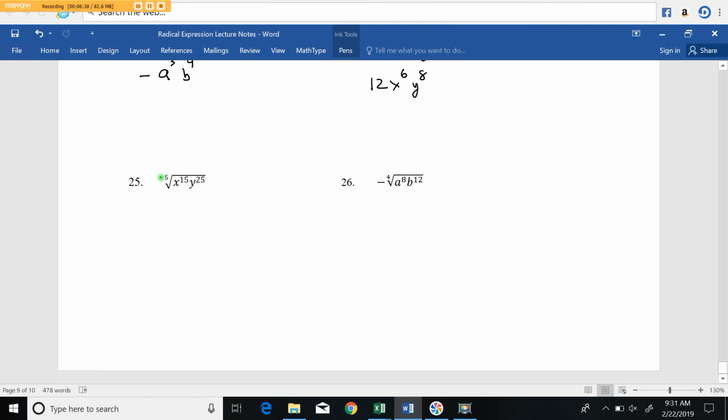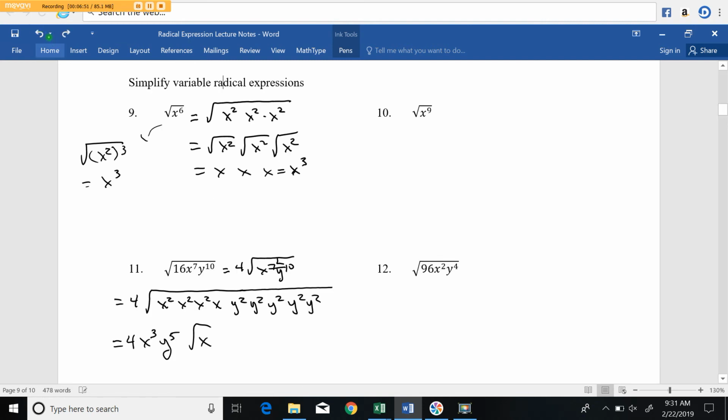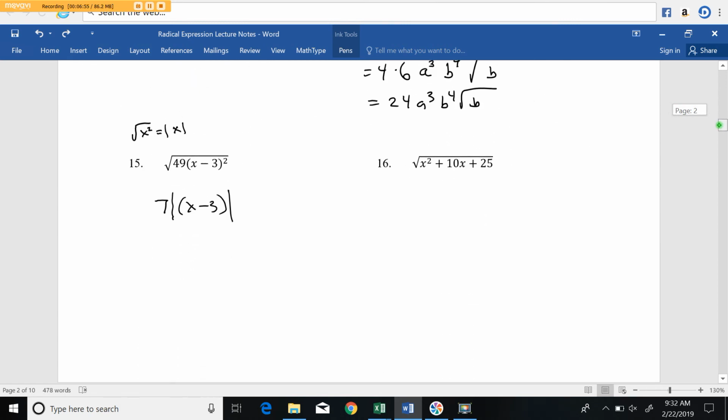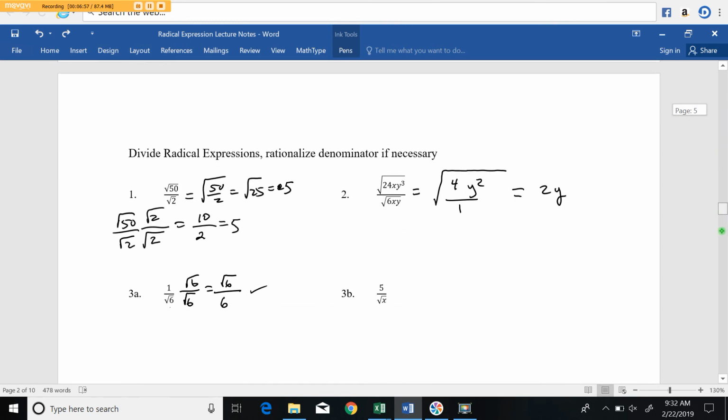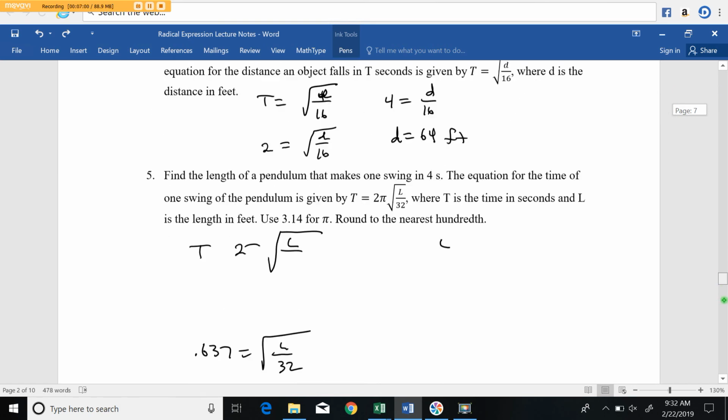All right, this 5th root applies to both of these. So this is going to be x to the 15/3, y to the 25. I'm sorry, did I say thirds? I've got to go back on that. My apologies here. This thing jumps on me sometimes.